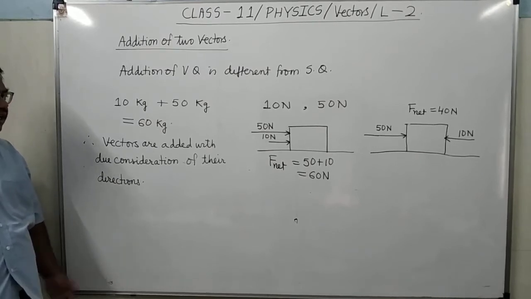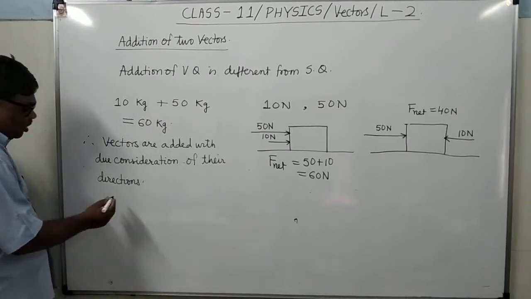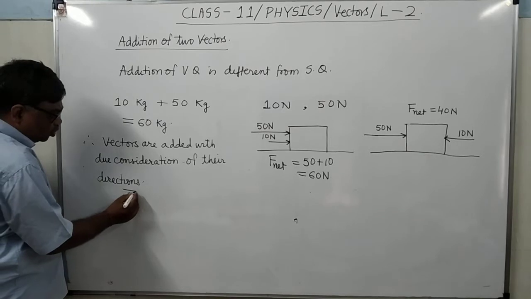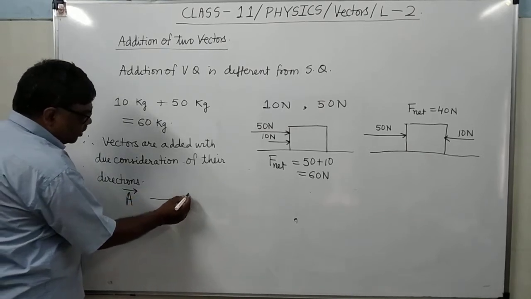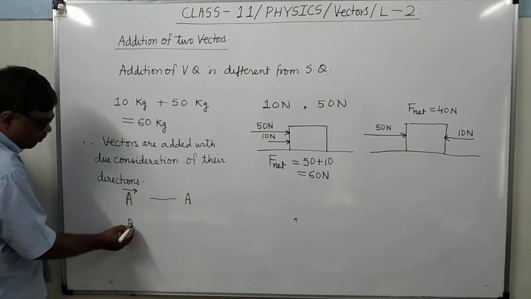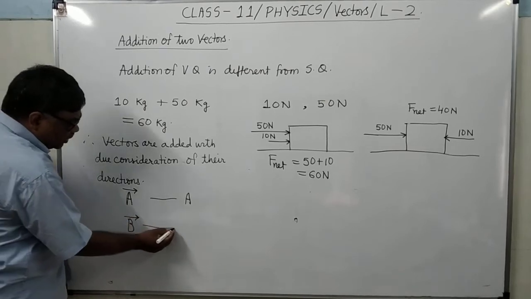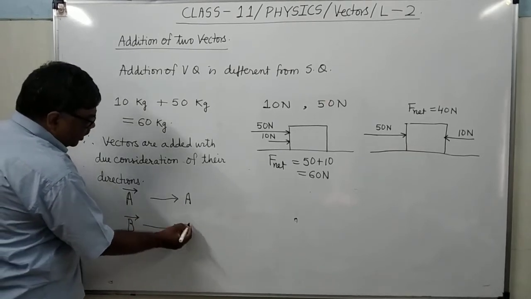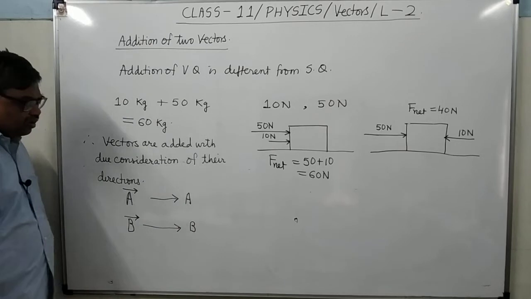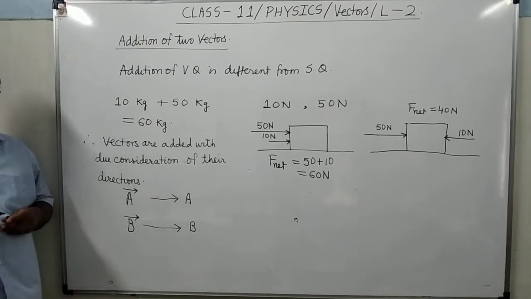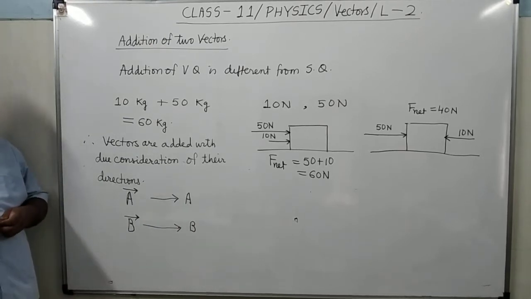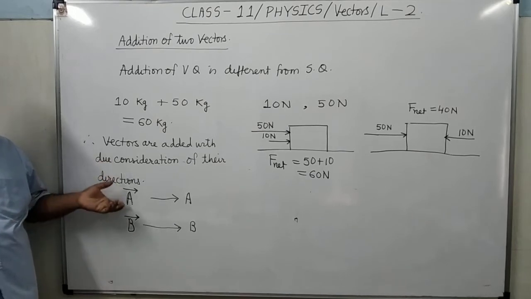Now one more thing I want to tell you. Suppose there is a vector A whose magnitude is A, and another vector B whose magnitude is B. So what will be the maximum resultant?